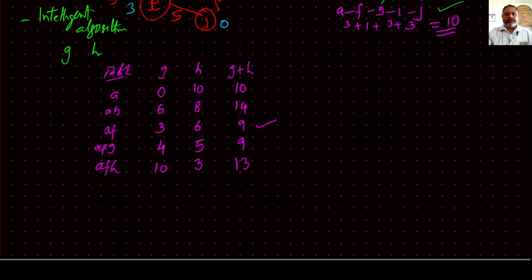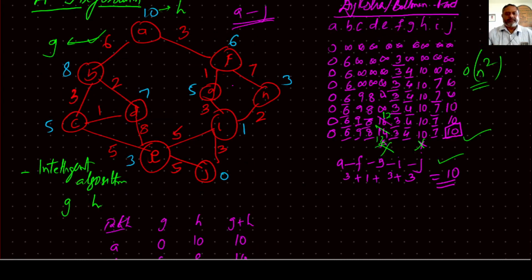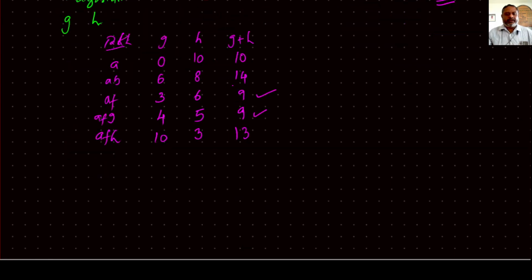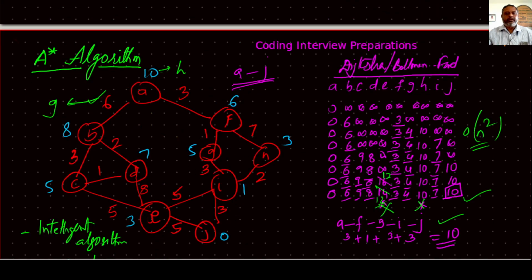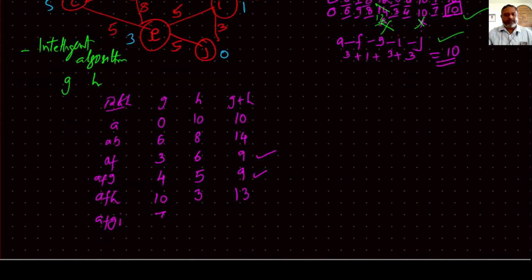So whom should we take next? Yeah, next value is AFG. So from G, if you want to extend, it can go to I. So A, F, G, I is 3 plus 1 plus 3, that is 7.